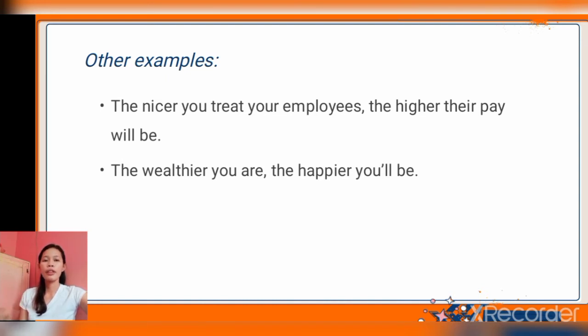Then, third, the wealthier you are, the happier you'll be. So it is likewise to the first example I've shown you earlier. And so, that's all the examples of correlational research.